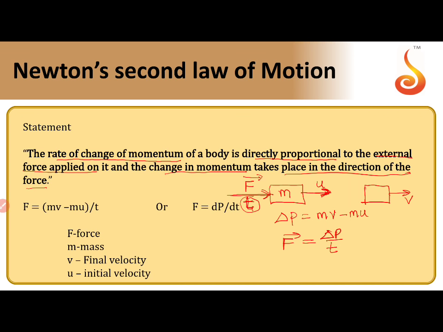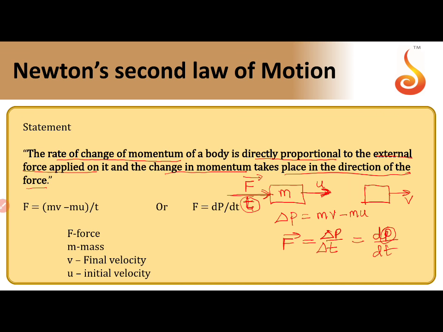If the time for which the force acts is also represented as delta t, then it is delta p by delta t or dp by dt. If you remember, we measured some of the rate measures in differentiation. So if you get an equation for momentum, differentiate it with respect to time, you are going to get the force acting on the body.